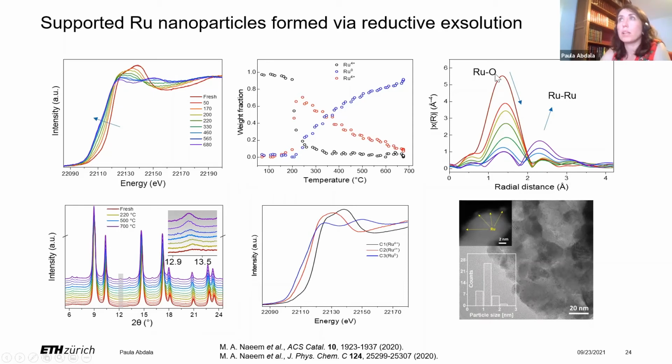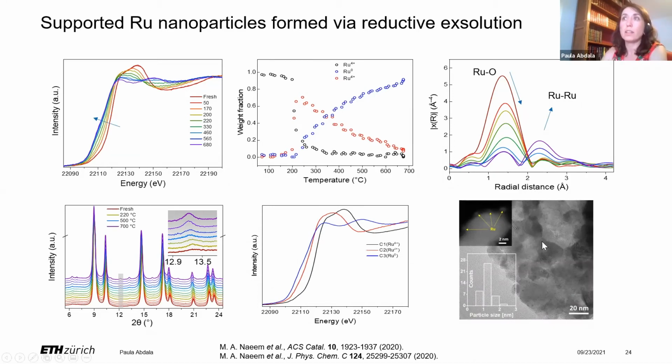But what we can see qualitatively is that initially our material has only a first coordination sphere, no second sphere. This is probably due to the highly distorted environment. And as we reduce, we observe the formation of the sphere of ruthenium metal.